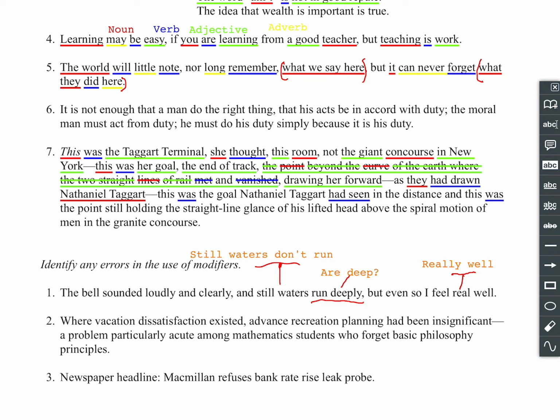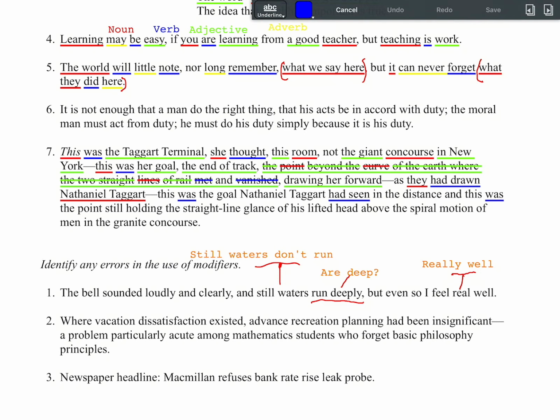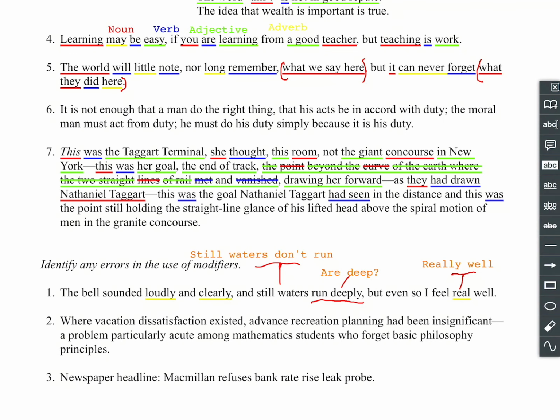What's even so mean? So, "I feel real," subject, predicate. "Real" should be "really" because it's "feel," it's an adverb. I'm gonna mark it, I guess. Adverb. I mean, it's supposed to be an adverb. But "really" is the adverb, "real" is the adjective.